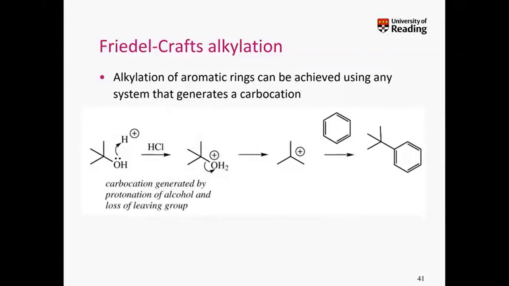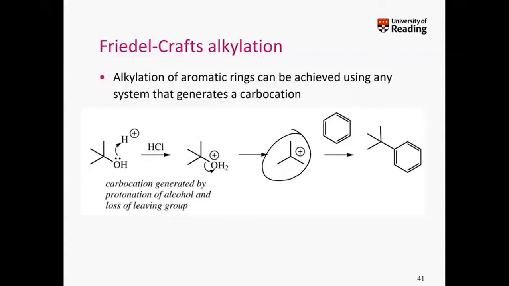And just to go back and show, again, an example of something which may not look like it would be able to generate a carbocation. You haven't seen many of these before, but we can take an OH group, we can protonate it again, we can lose water. We're going to cover all of this when we do carbonyl chemistry, the idea of protonating OH groups and losing water, so this will make more sense then. But again, it generates a carbocation.